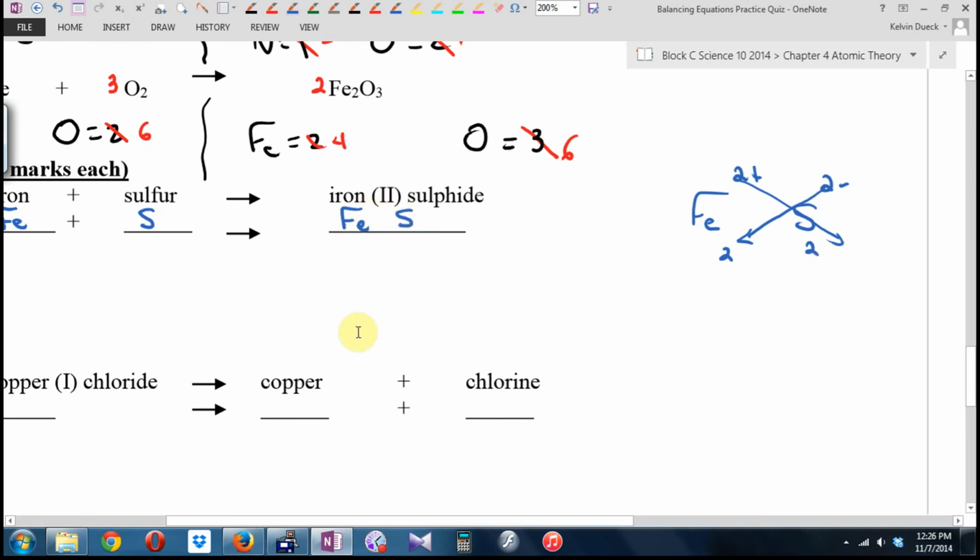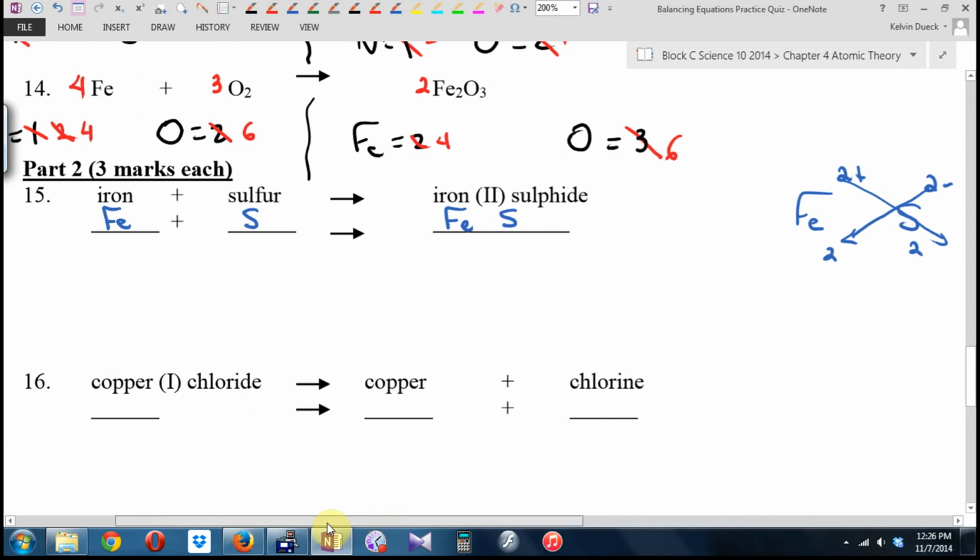FeS. You know what? This one is balanced. The way I would mark this, by the way, is I would probably give you 1 mark for actually coming up with the correct formula, and then 2 marks for the balancing. Since it's balanced, you get 2 marks for writing balanced.